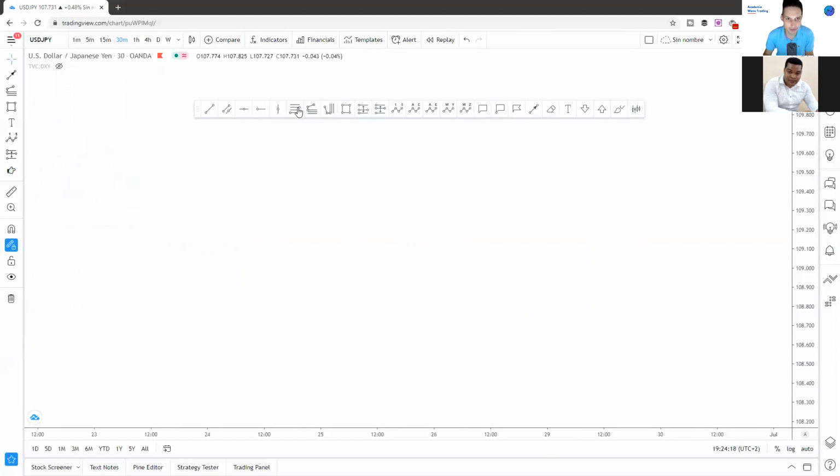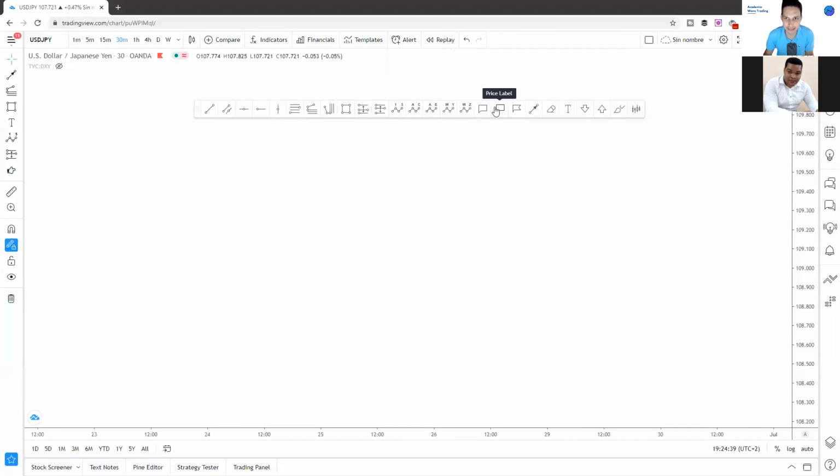This is the Fib levels. I have a square. I have here a long and short position. And I have the Elliott things, like 1 to 5, ABC, ABCDE, WX, okay? This is the complex combo. Then we have a callout, or something like that.